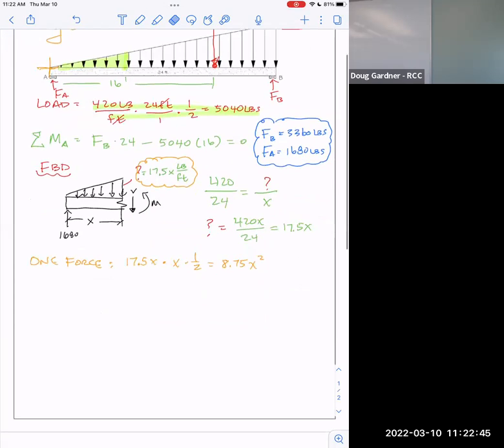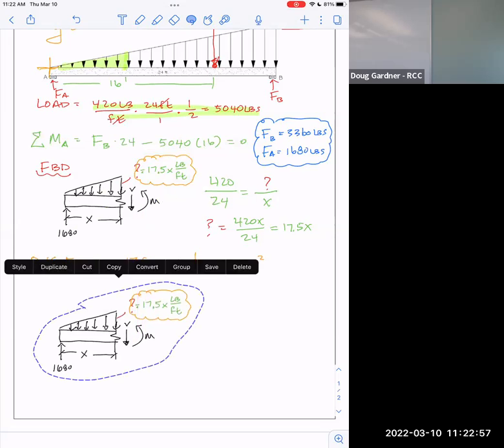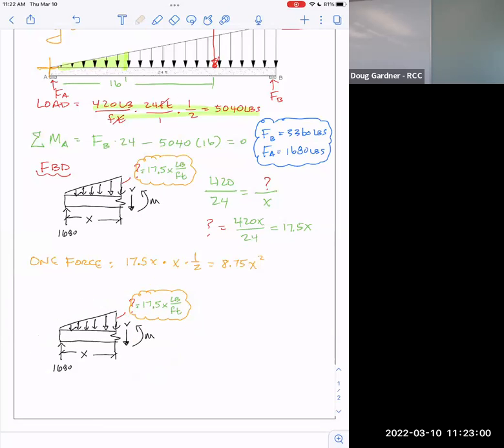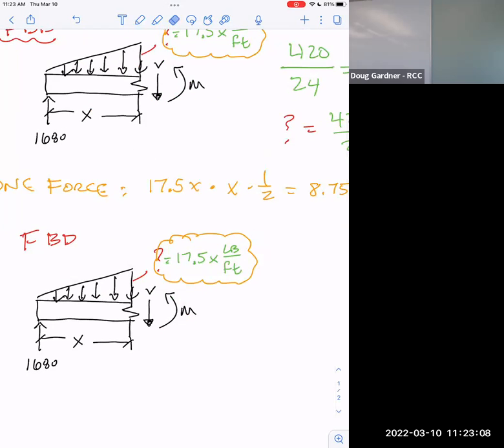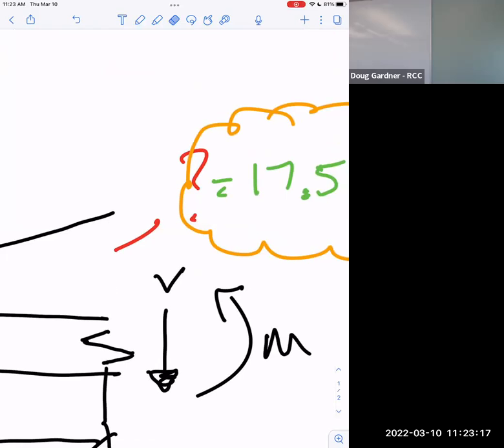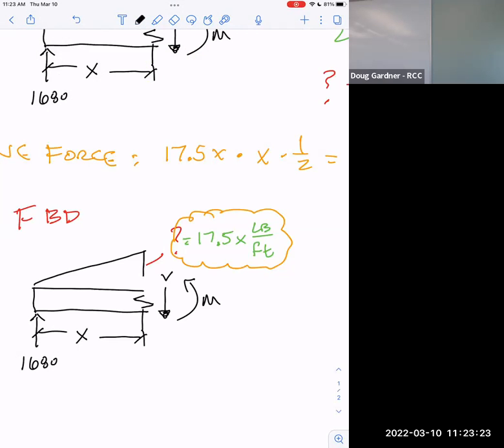Okay, so if that's the case, then I feel like I should modify my free body diagram and not have all of those arrows anymore. So what would my free body diagram look like now? Almost used up a whole page and we just got started. So now I can stick in that force.